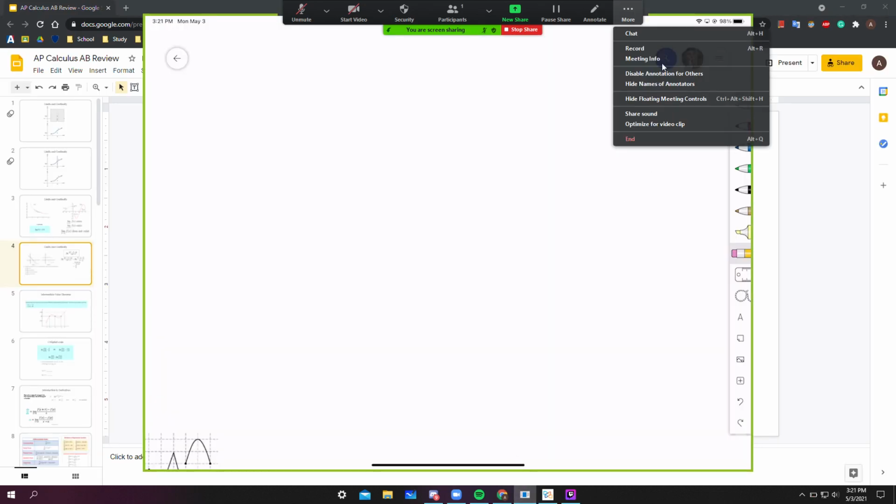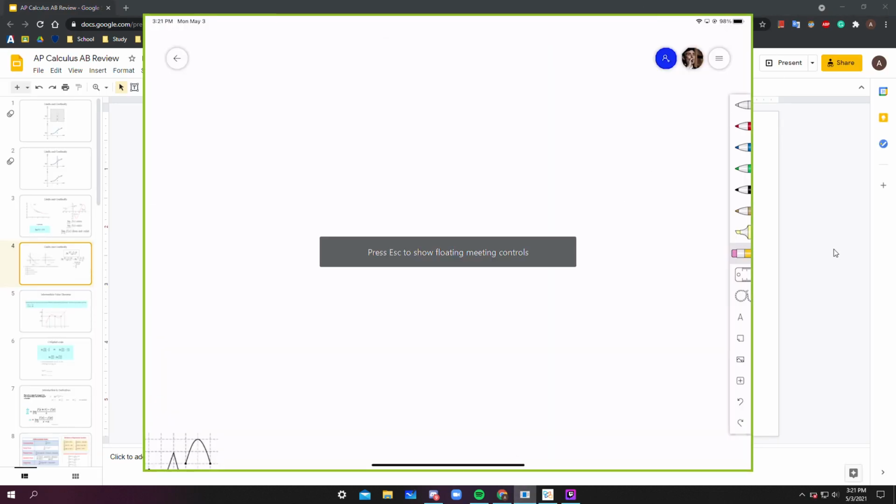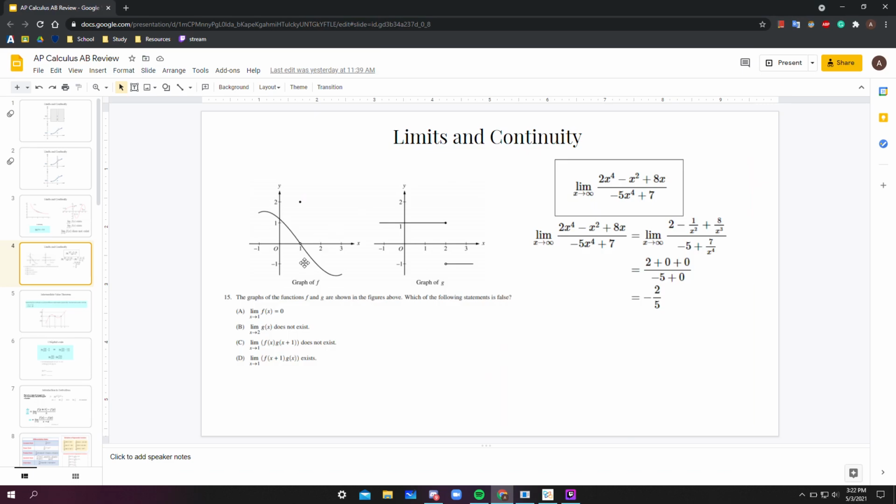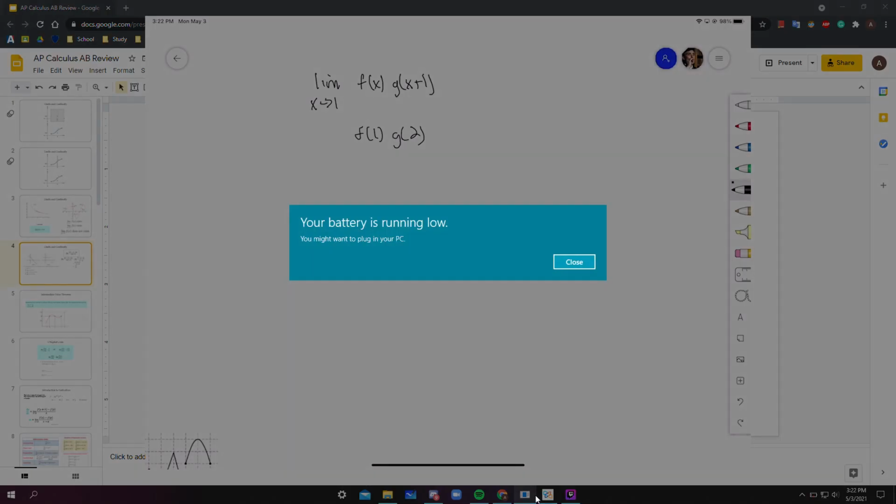This is what you have to do. So the limit as x approaches 1 of f of x times g of x plus 1. That's basically f of 1 times g of 2. So let's do it from the left. From the left, f of 1 is 0 and g of 2 from the left is 1.